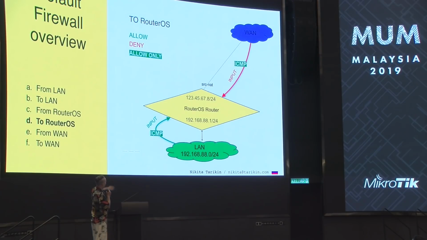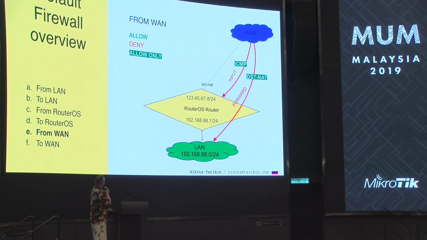From LAN, it also allows you. Also from WAN, you have 2 exceptions: ICMP, as I already mentioned, and also all packets that are marked as DSTNat. So from WAN to LAN, only packets with DSTNat will be allowed.